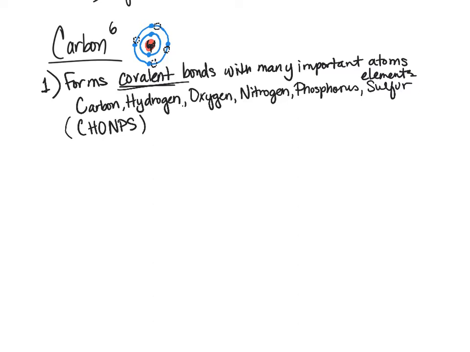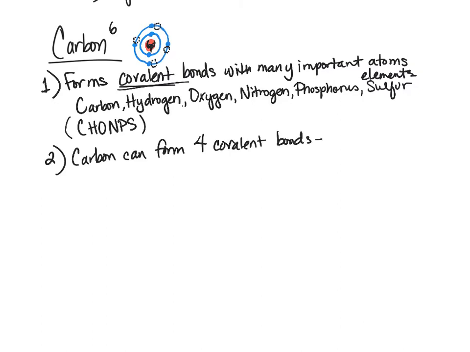And so carbon likes to share electrons with other atoms. And it is able to do this in 4 different locations, or 4 times. And that's our second point here, that carbon can form 4 covalent bonds.